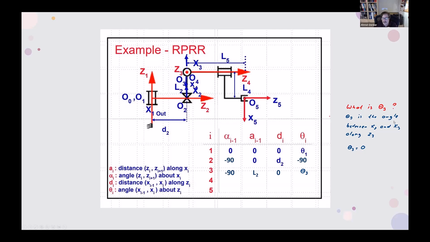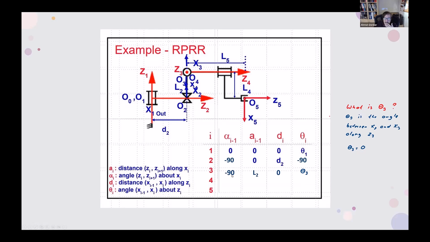Theta 3 is the angle between x2 and x3. Between x2 and x3, the angle is 0, isn't it? Because they are collinear, x2 and x3. So theta 3 is going to be 0.